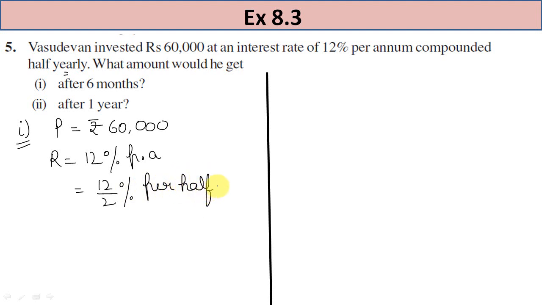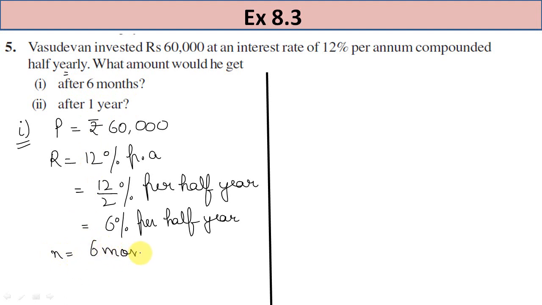This means rate will become 6% per half year, and the time given in the first part is 6 months, right? 6 months means 1/2 year, right? So now let's find out the amount.